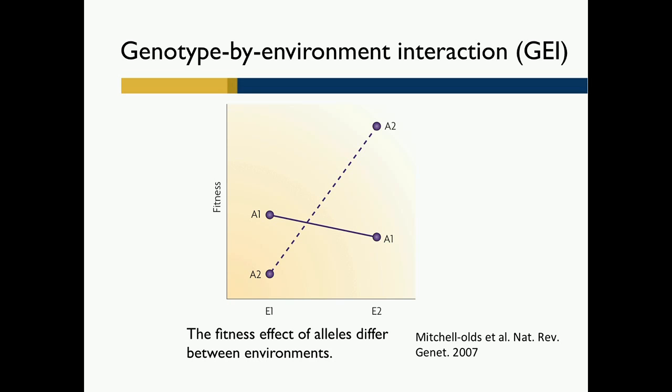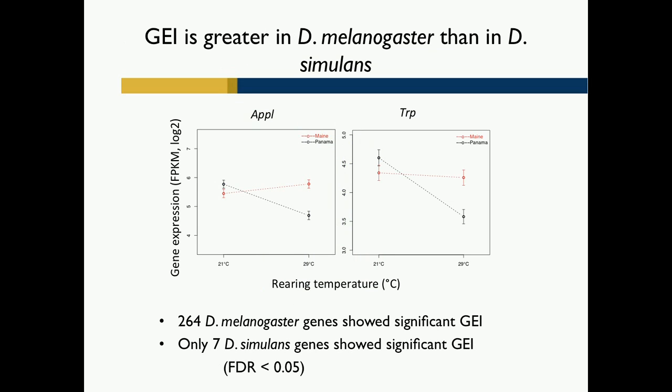So we did the same analysis in both melanogaster and simulans. And we found that there are more than 200 genes in Drosophila melanogaster showing gene-environment interaction. However, in simulans, there are only 7 genes showing G by E, suggesting that these two species might have different ways to maintain natural variation.